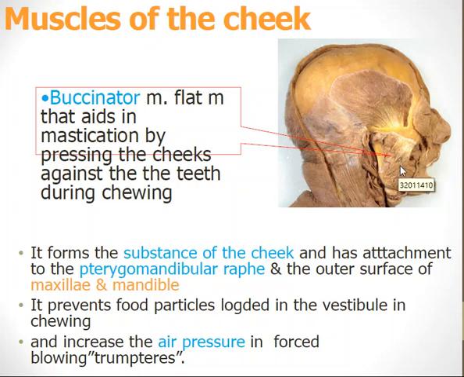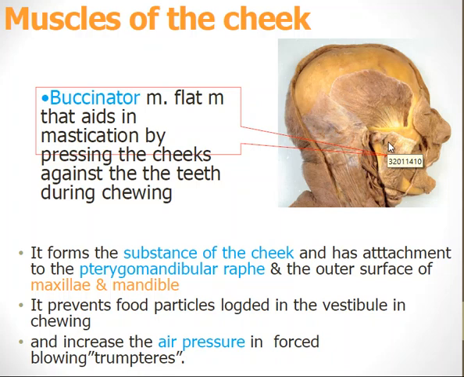So the buccinator muscle forms the main substance or the bulk of the cheek. It has bony attachment to the outer surface of the maxilla and the mandible, and also it is attached to what is called the pterygomandibular raphe. So the upper attachment here is to the maxilla and the mandible, and it also has attachment to the pterygomandibular raphe here.